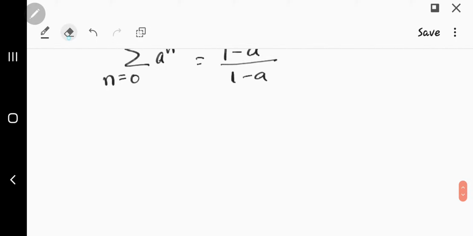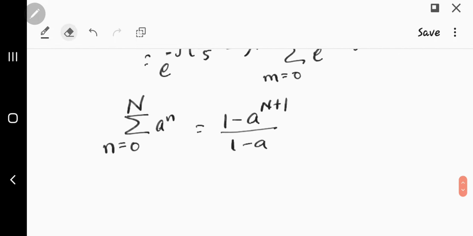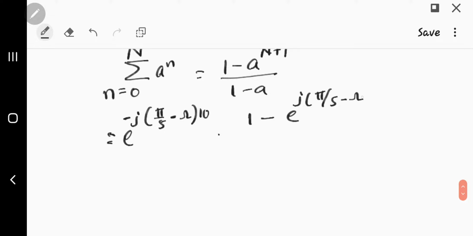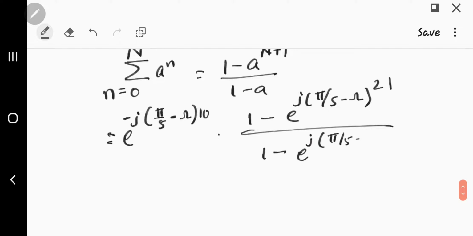I want some more space, so that's why I'm going to write from here e power minus j pi by phi minus omega into 10. So now I am applying this. So that gives us 1 minus, in place of a we have e power j pi by phi minus omega, and 20 plus 1 gives us 21. Okay. Divided by 1 minus e power j pi by phi minus omega.